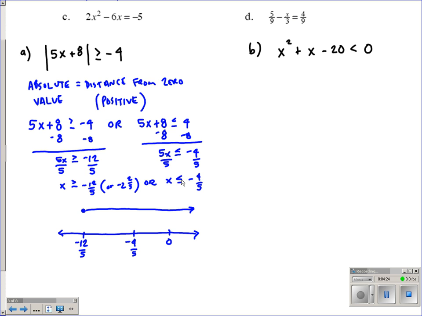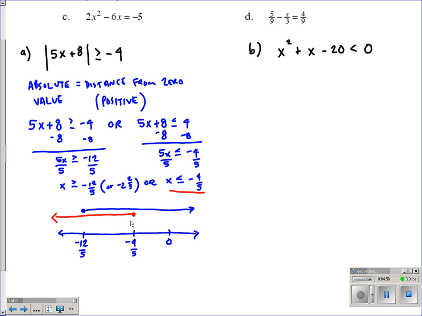Then all the values that are less than or equal to -4/5, and I'll do this one in red so we can tell them apart. If I plug -4/5 in for x, that makes it true, so I want to include -4/5, and everything less than -4/5, which travels to the left down the number line.